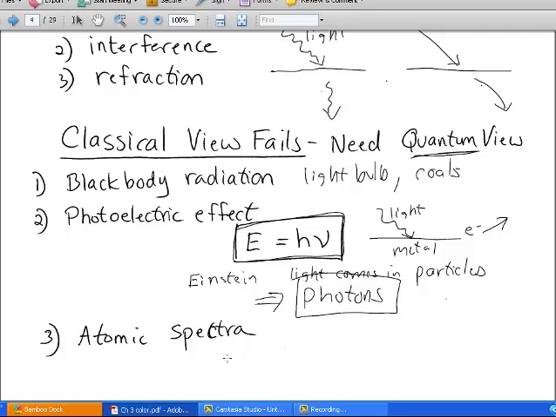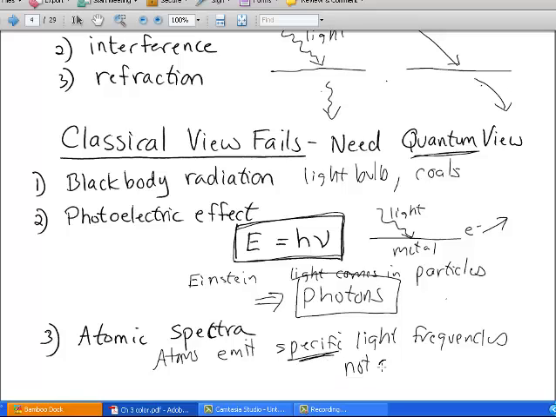When you take an atom and excite it with heat or electricity, you will get certain light frequencies. So atoms emit specific light frequencies. Not all light frequencies, but specific ones.